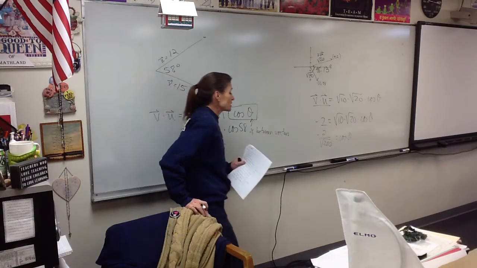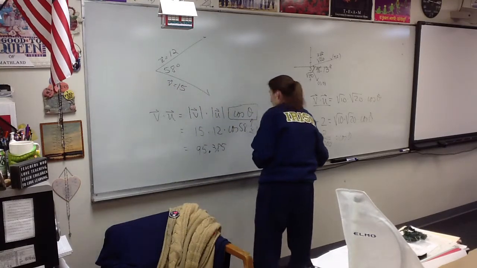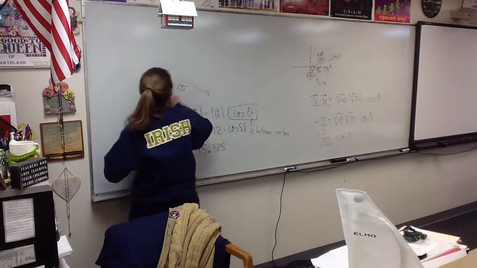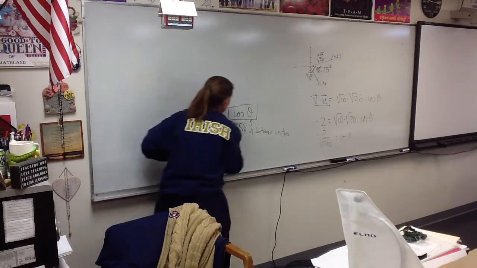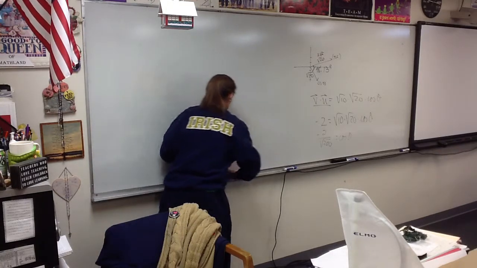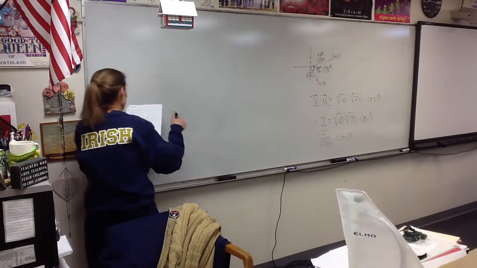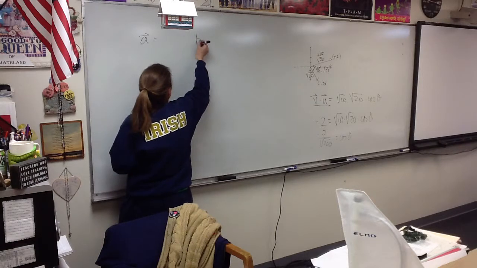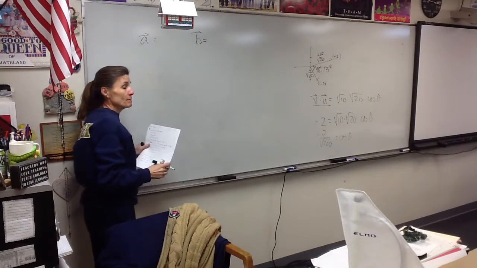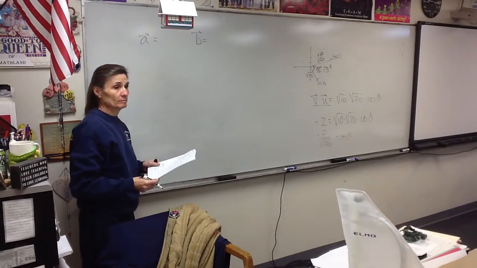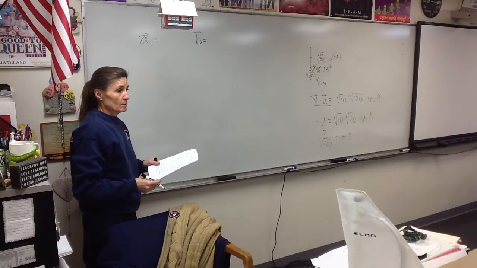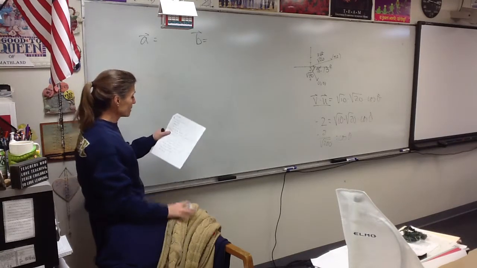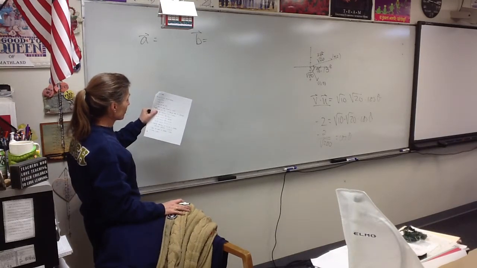All right, let's do the next one and kind of recap all this, because that's a lot of information. So let's kind of see if we can put the pieces together here. Let's look at number 5. Find the angle formed by A and B. I want to find the angle between A and B. Now, first of all, A and B are written kind of oddly, aren't they?